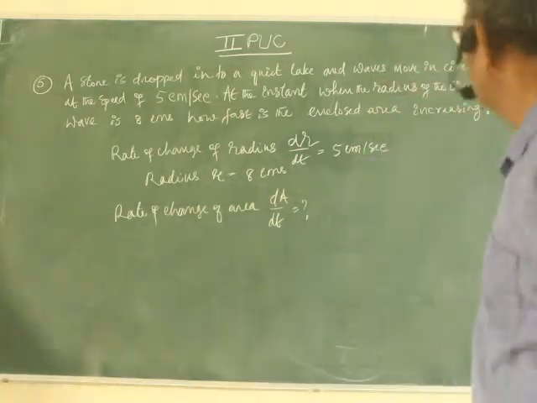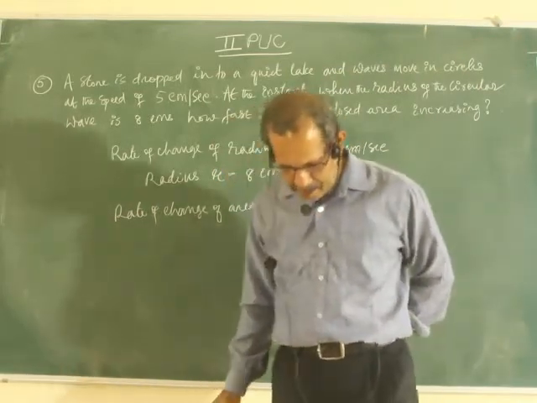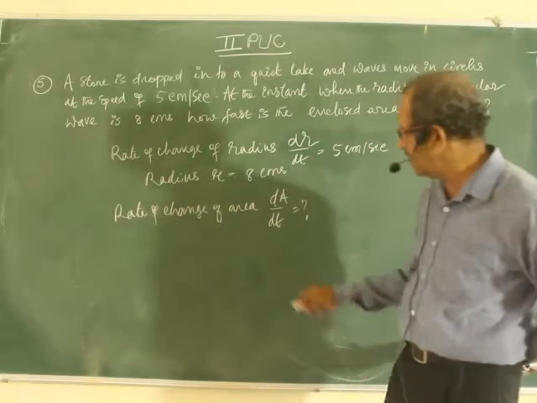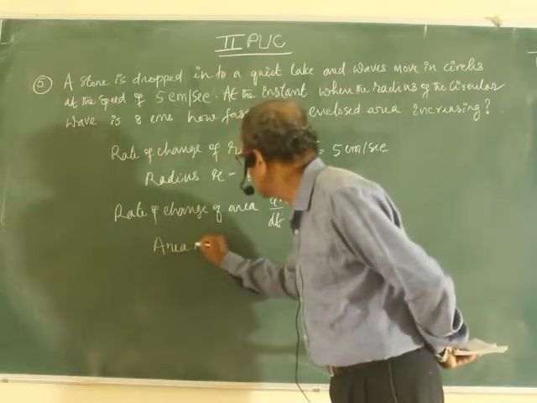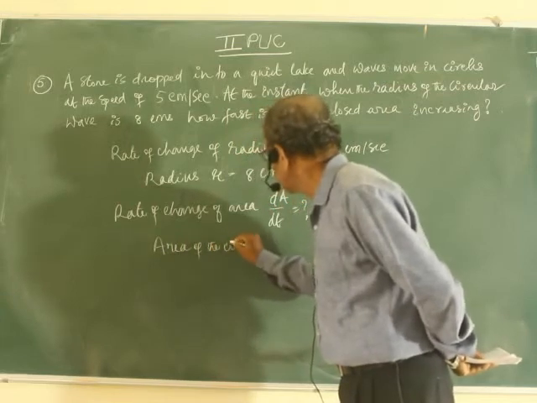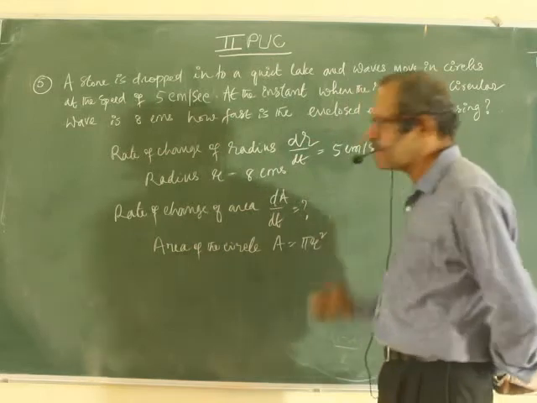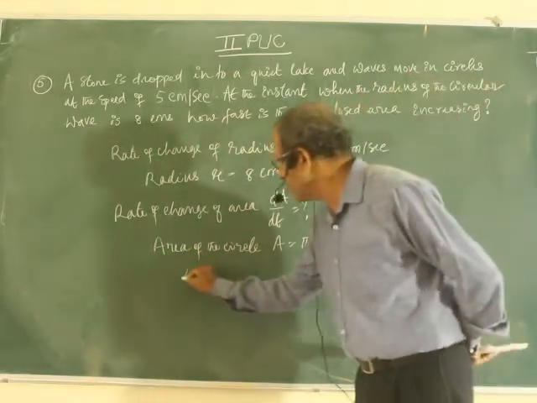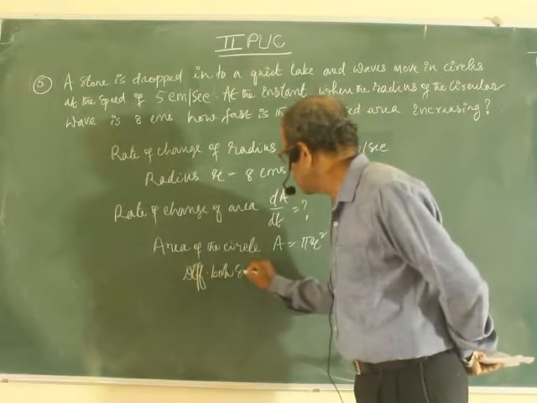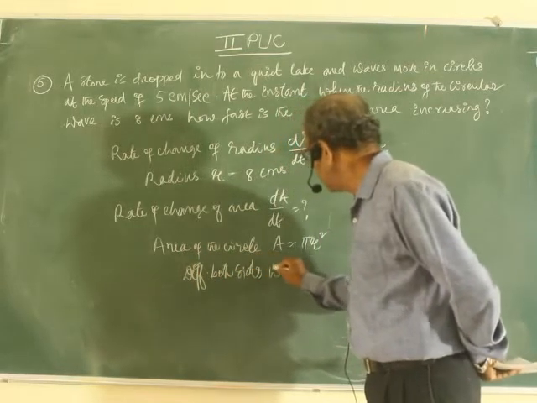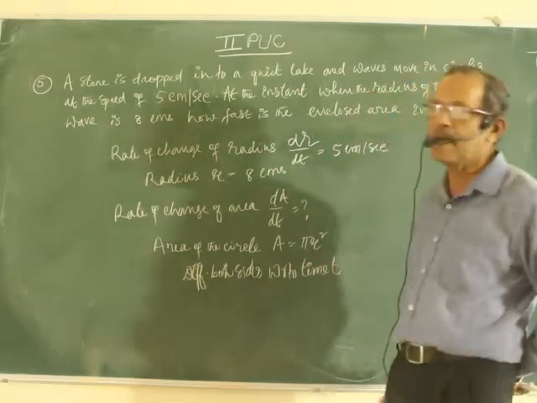Now write the formula for the area of the circle. Whatever it may be, wave or anything, in total it is a circle. So area of the circle, pi r square. Differentiating both sides with respect to time t. What is that t? It is time.